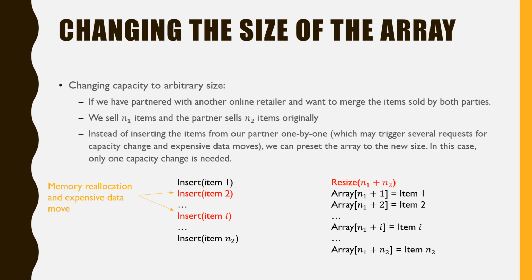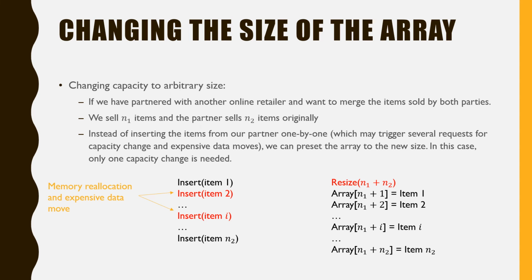In this case, we will call the data insertion operation N2 times. Note that each data insertion operation bears a risk of triggering a memory reallocation and expensive data move. Therefore, the entire process may move the data around many times, which is quite inefficient.